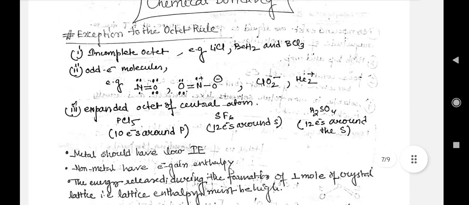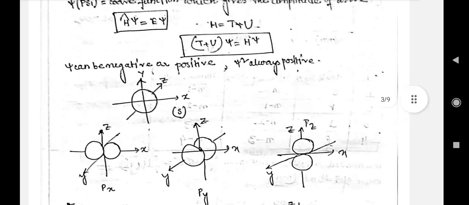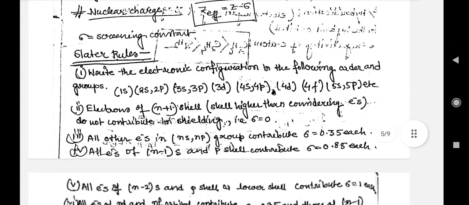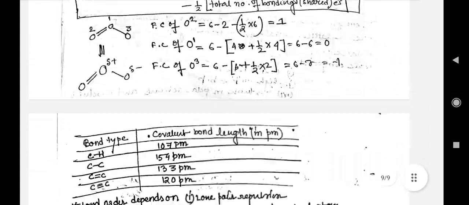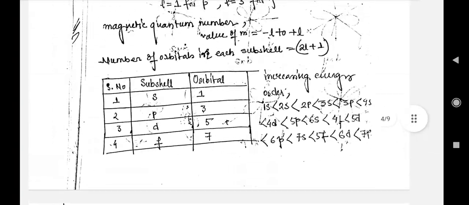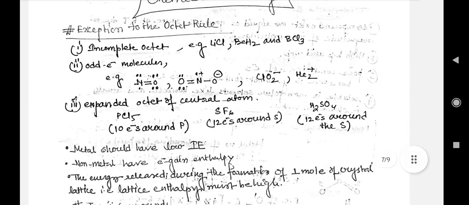But here odd electron molecules are also found. That is NO, NO2, ClO2, and Ag2 plus.